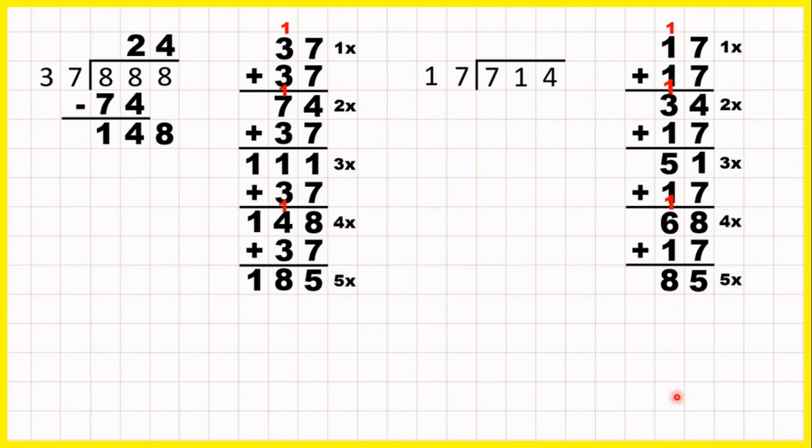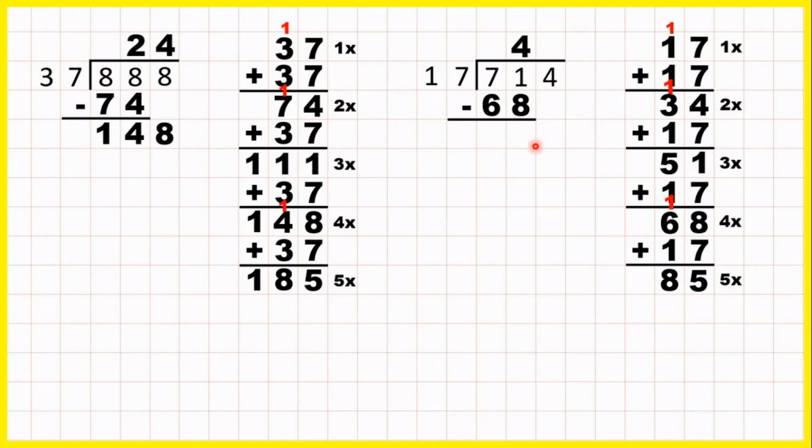Now, rather than carrying on, we can look back at our question. Taking the first two digits together, we have 71 divided by 17. So we need to find the number that's closest to 71, but still less than 71. We can see here that's 68, so we write that underneath. And because 68 is 4 times 17, we write 4 in our answer line.